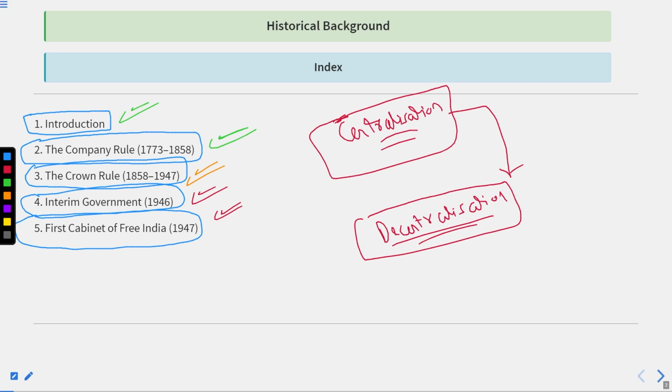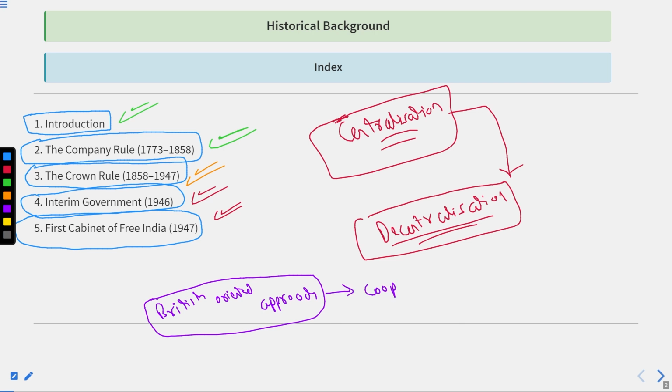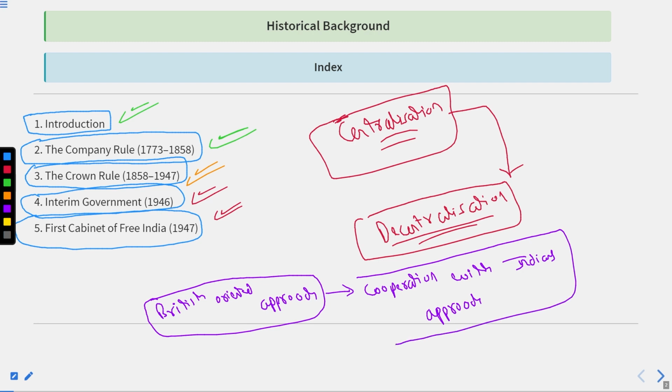Thereafter we discussed how they converted the British oriented approach into the cooperation with Indians approach. That is what we discussed in the previous lecture.